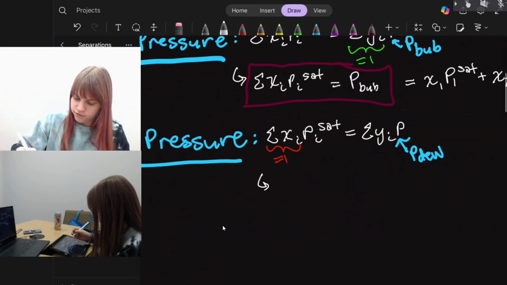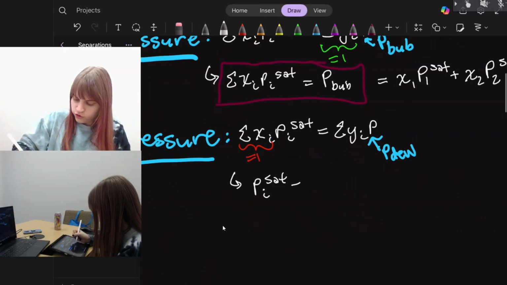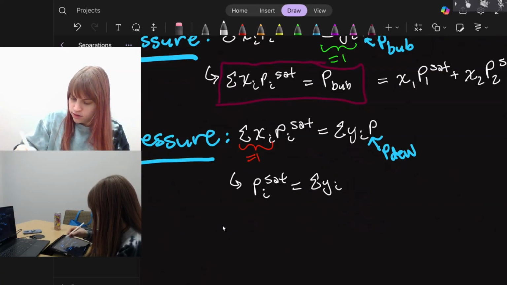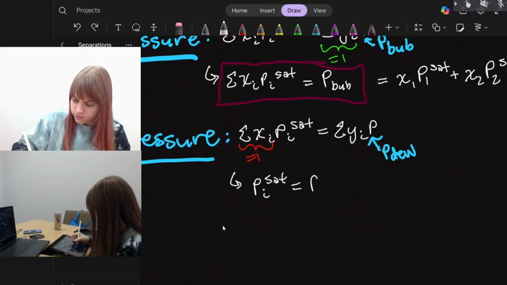We then have Pi, the saturation pressure, equal to the summation of Yi. The pressure actually comes out of there.